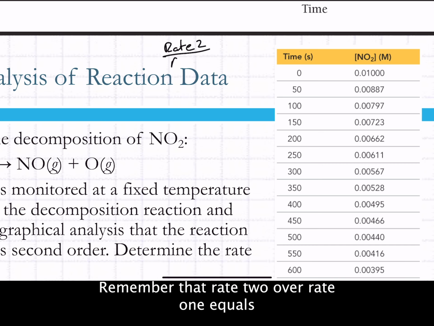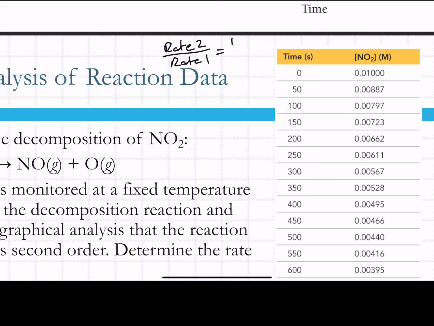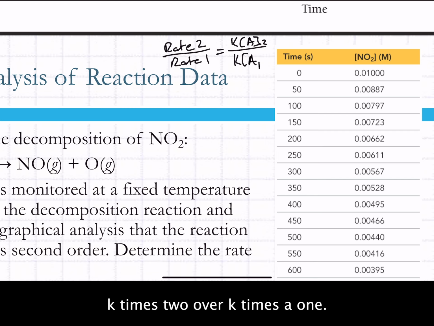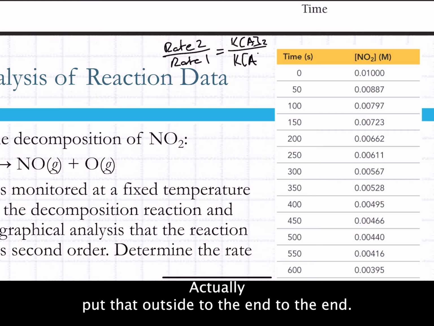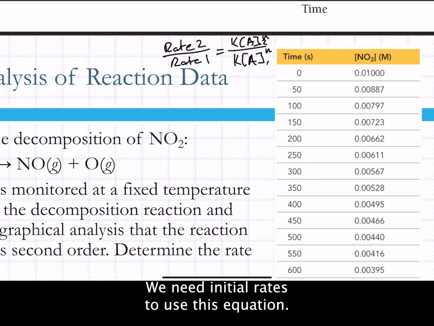Remember that rate 2 over rate 1 equals k times A2 over k times A1, put that outside, to the n. But we need initial rates to use this equation.